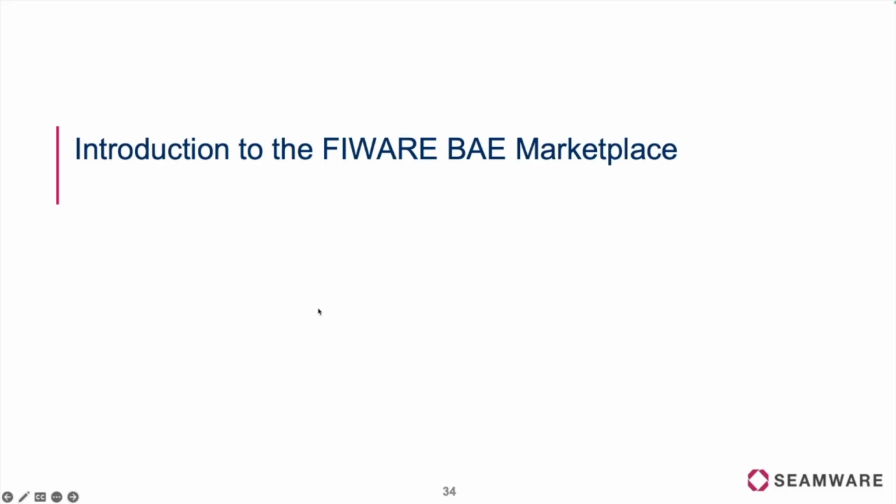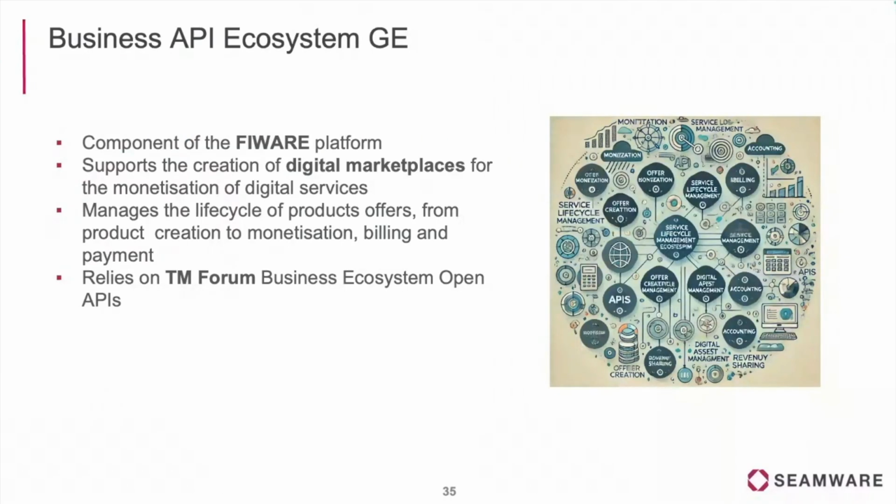With this, we have reviewed the TM Forum API concept, which is the basic information model we are using. But in addition to this, in FIWARE we have a particular component called the FIWARE Business API Ecosystem.